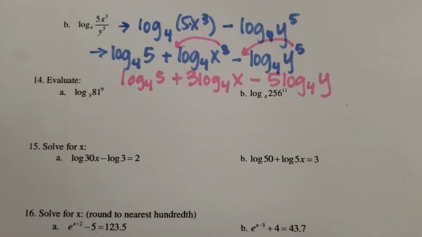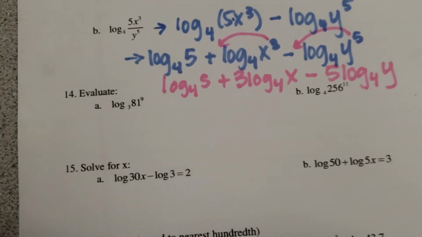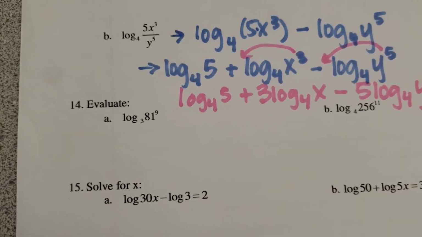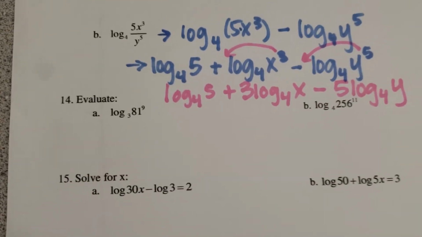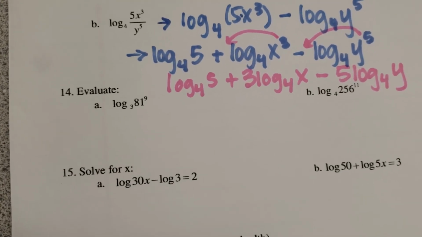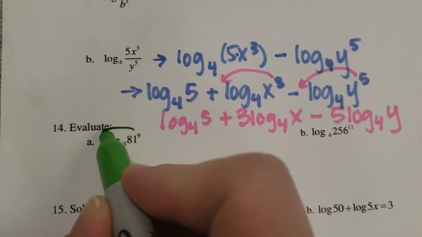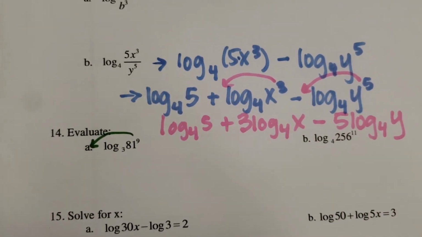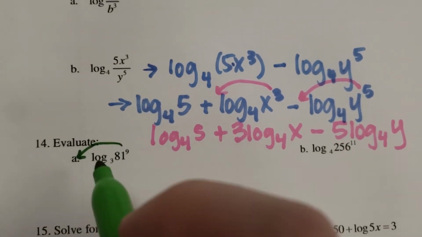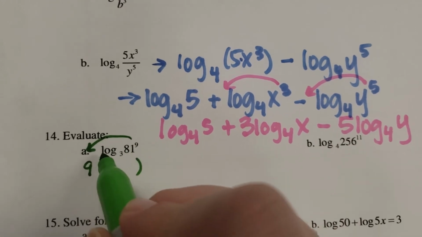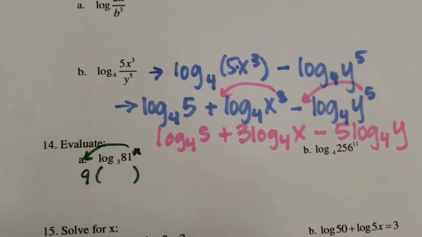Okay, moving on to number 14. It says to evaluate. So again, evaluate means find a numerical value. What value does this have? And again, we could use the calculator, but this is kind of like some of the problems we did on the front. If we move this exponent, we'll probably find it easier to do this with mental math. So if I make this 9 times the result of log base 3 of 81, so I moved my 9.